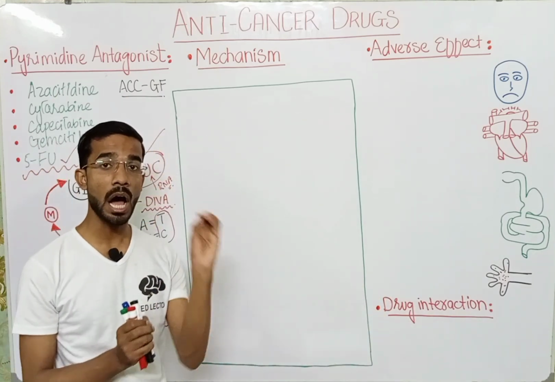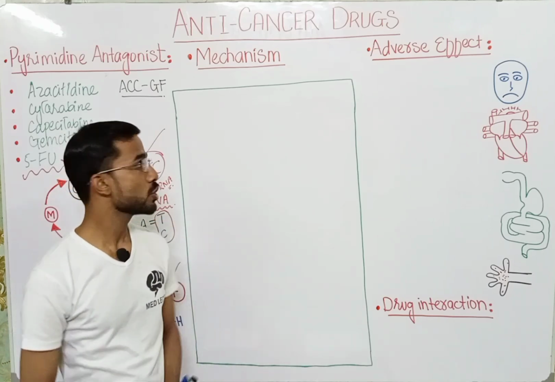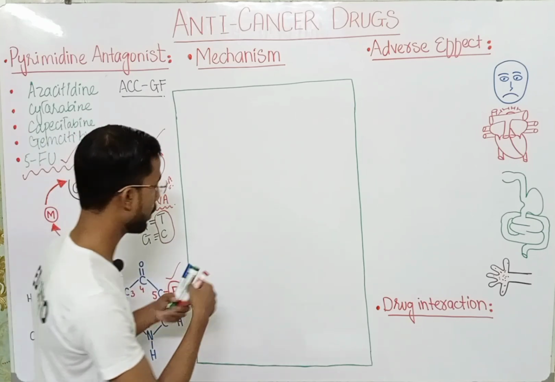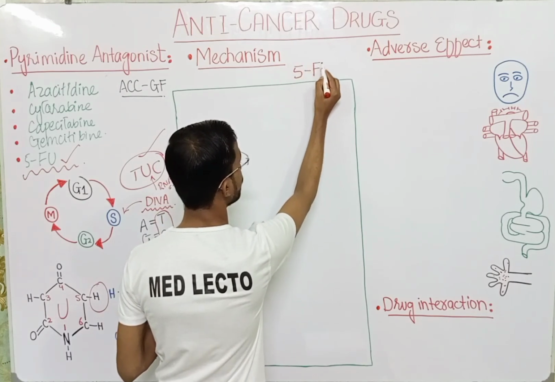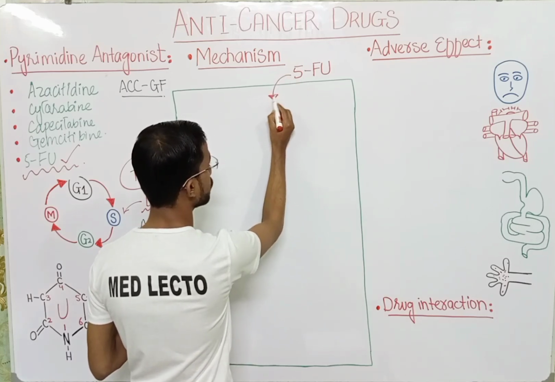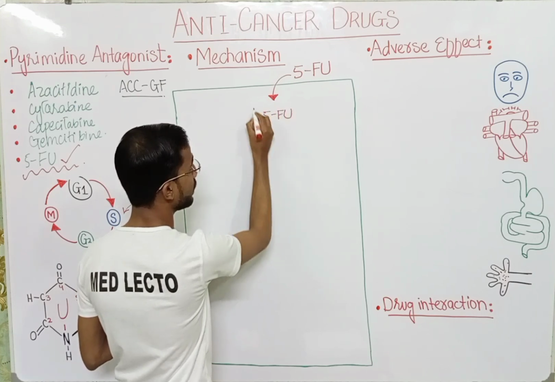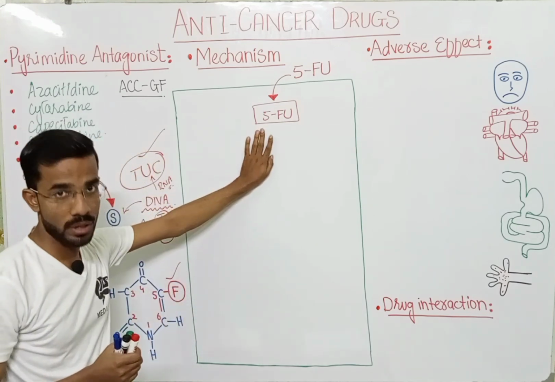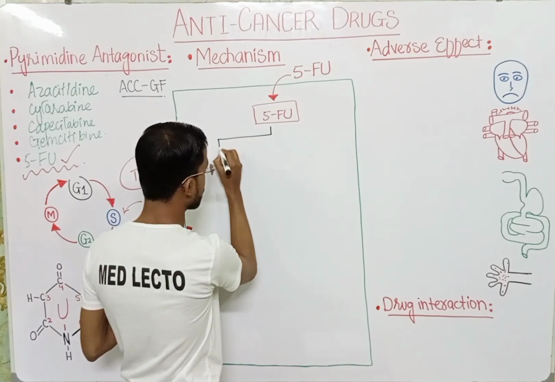Now we will discuss how 5-fluorouracil acts in our body. When someone takes 5-fluorouracil, it enters into the cell. This is case 1. Once entered into the cell, 5-fluorouracil will convert into 2 different things.